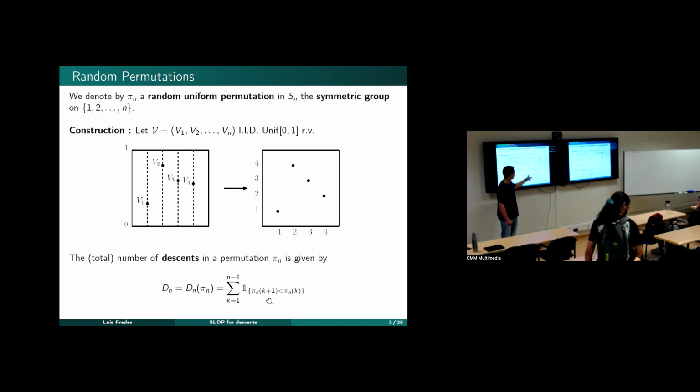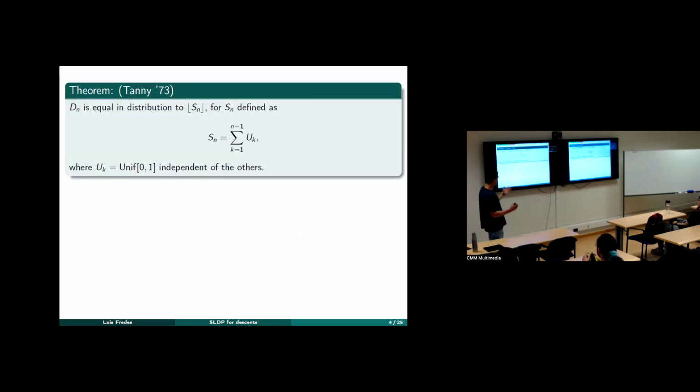For the index k, I compare it with the index that follows, k plus 1, and I see if they are in descent order. For example, for this permutation, the first one is an ascent, and the next two are descents. It's kind of graphic, that's why they call them descents.